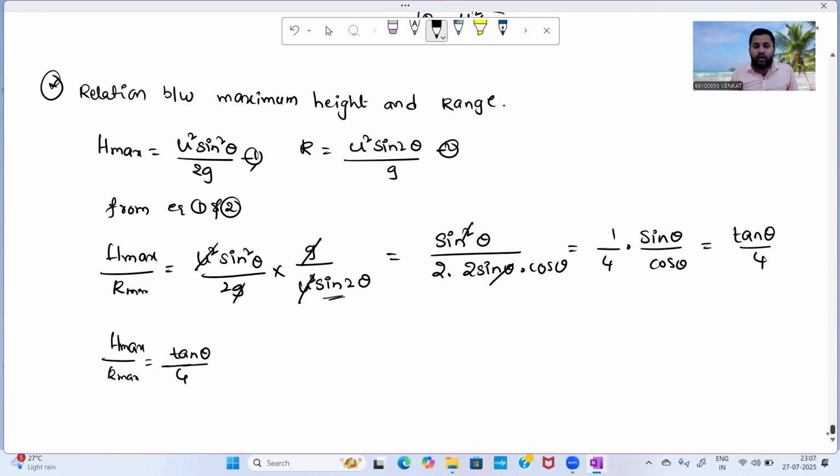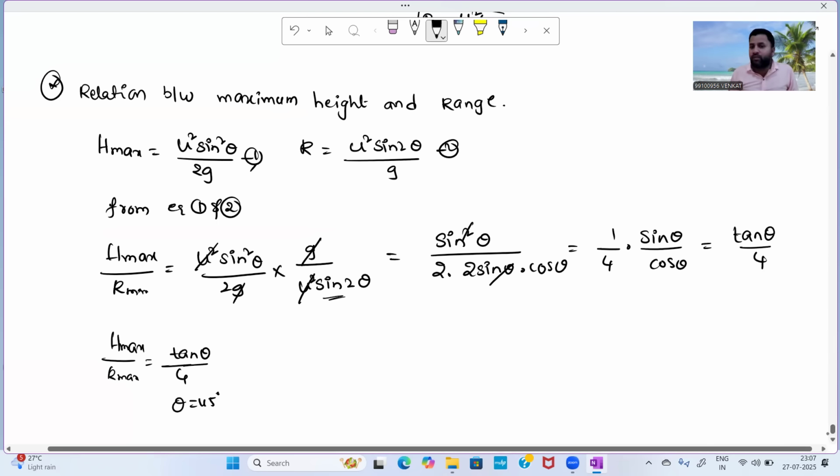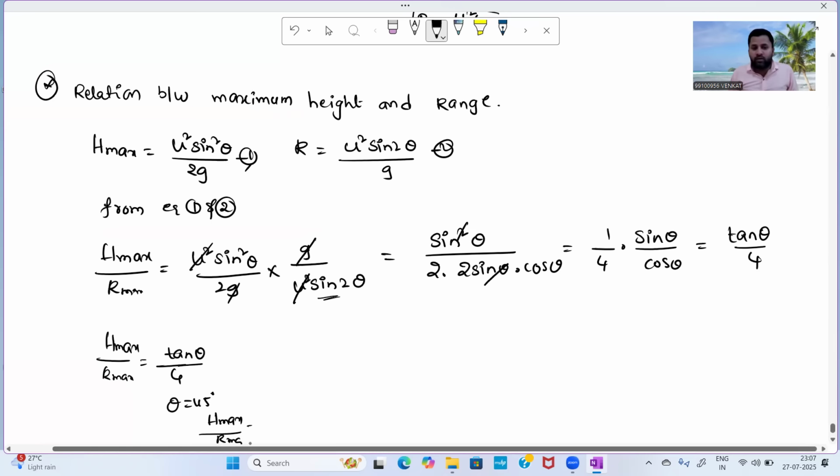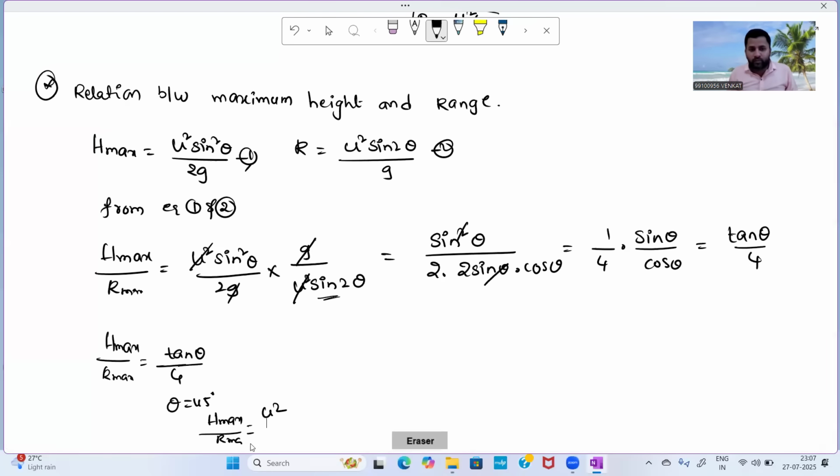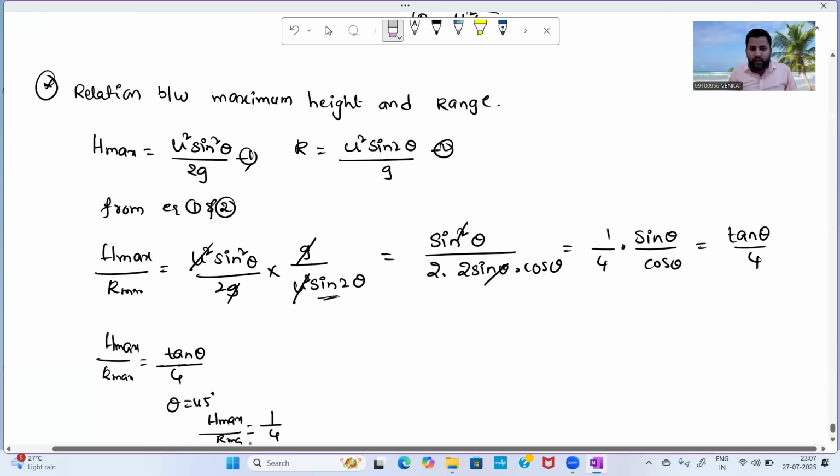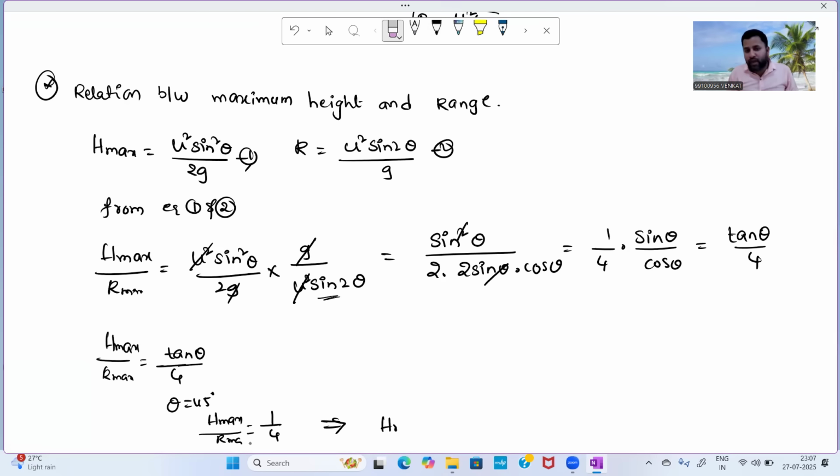At theta equal to 45 degrees, tan theta is 1, so H max by R max equal to 1 by 4. Otherwise we can write H max equal to R max by 4.